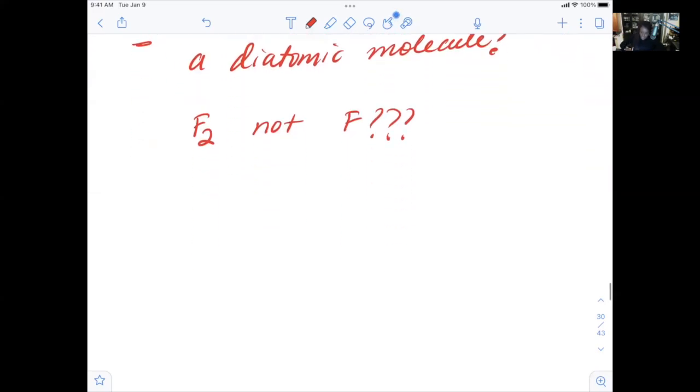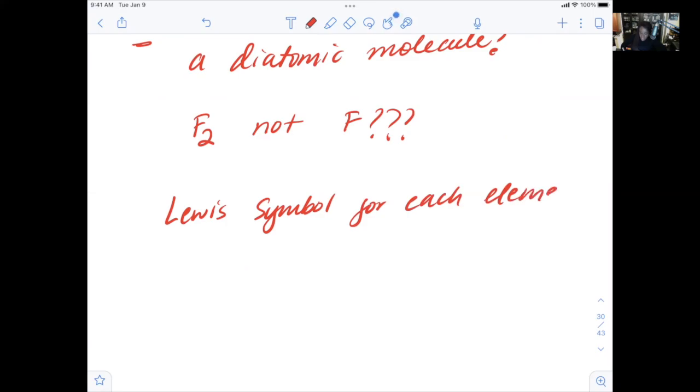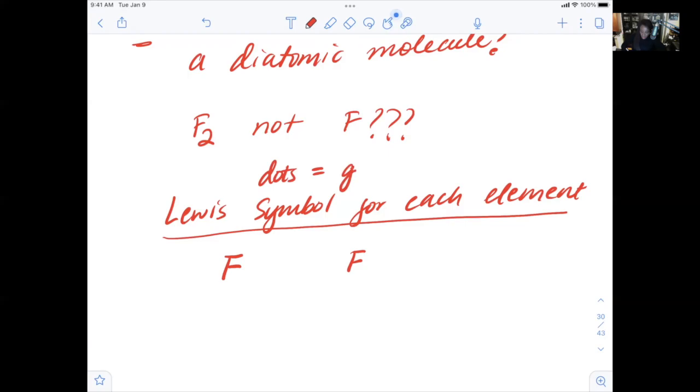So how do they join together to get F2? You want to start by drawing the Lewis symbol for each element, okay? In this case, each fluorine, because we're trying to show how two fluorines get together. To draw the Lewis symbol for each element, what you need is the number of dots, and the dots here equal the group number or the valence electrons.